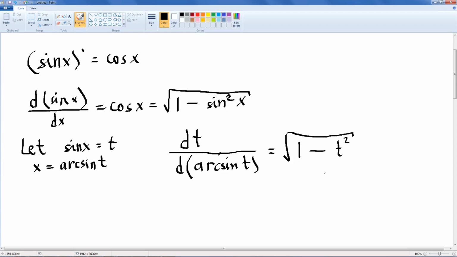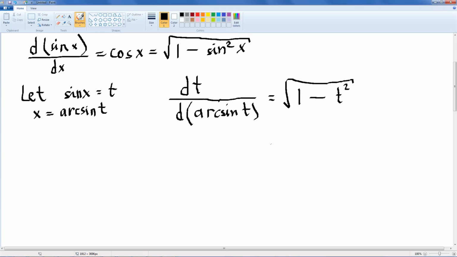Okay, great. And now the last step is we're just going to swap the numerator and the denominator, because, well, you'll see why. That's actually going to be our last step. So we just swap them, okay? And what we're going to get is d of arcsine t over dt.